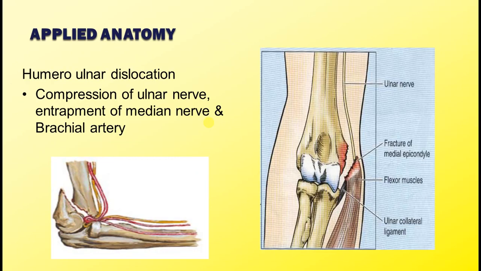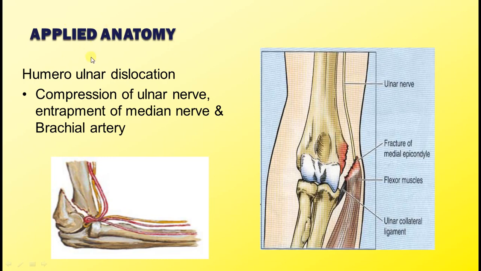In supracondylar fractures, the blood vessel might get compressed and even the nerve might get compressed. You have vascular symptoms as well as nerve symptoms. In vascular symptoms, if the brachial artery is compressed, then naturally blood supply is lost and you get the condition called Volkmann's ischemic contracture, which I have already described in the brachial artery applied anatomy.